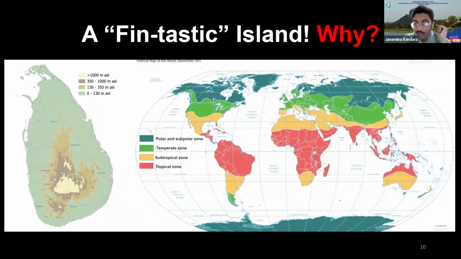Specifically, you can see in this picture that the red region is called the tropical region, and we have other regions like subtropical, temperate, and polar regions. But tropical regions are especially important because they host disproportionately high diversity compared to the temperate zones.